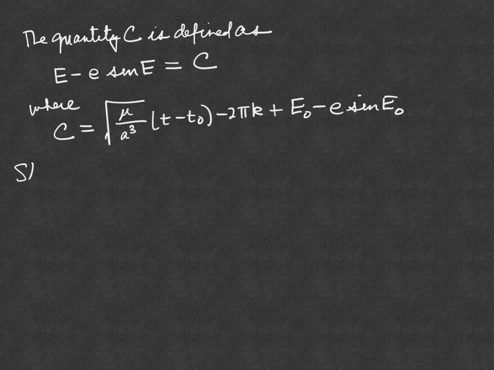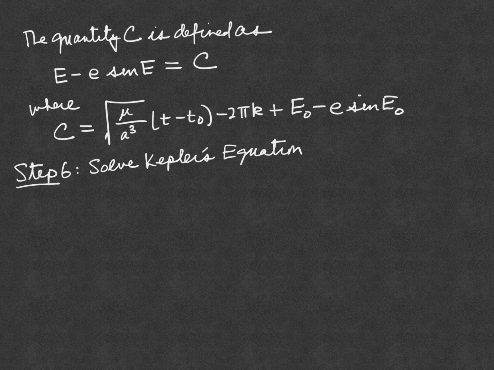So the next step is to solve Kepler's equation. So when we rearrange Kepler's equation, we get E is equal to little e times the sine of E plus C. Now remember that little e is between 0 and 1 and it can't equal 1. So what we're going to do is a fixed point iteration.